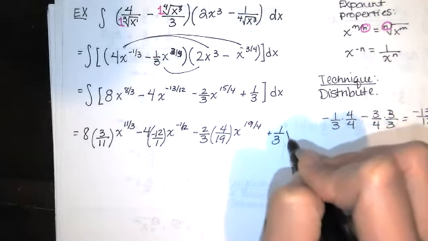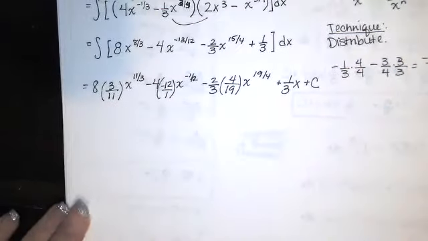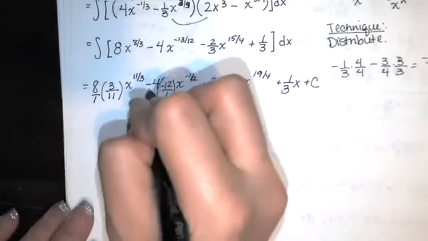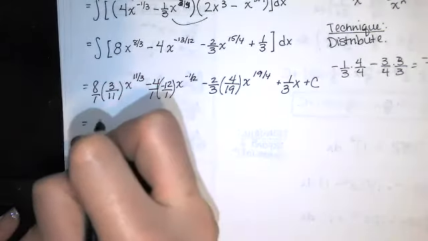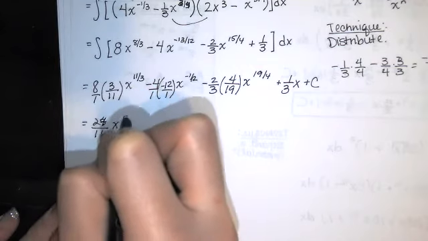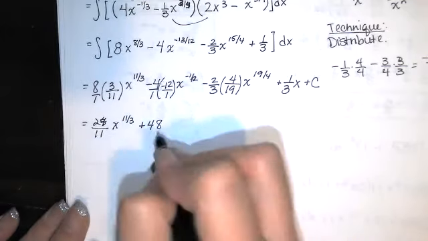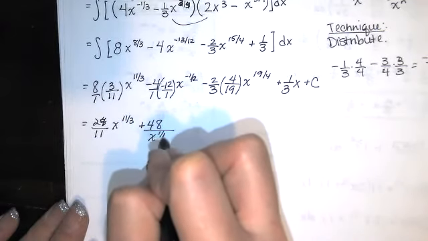Antiderivative of 1/3 is just 1/3 times your variable. Don't forget to add c. Multiply straight across. Oops, that's 24/11. 48, that's going to be an x to the 1/12 in the denominator.